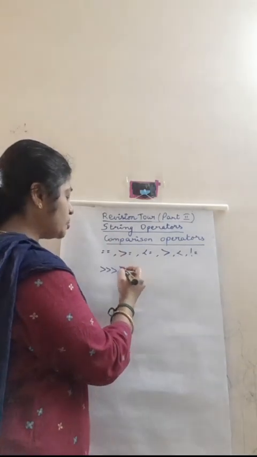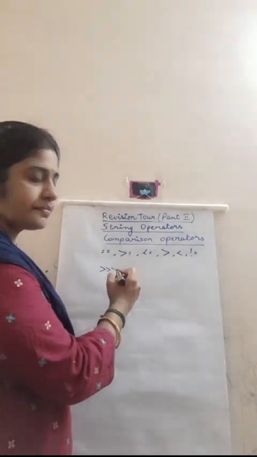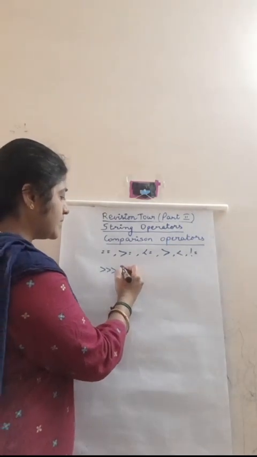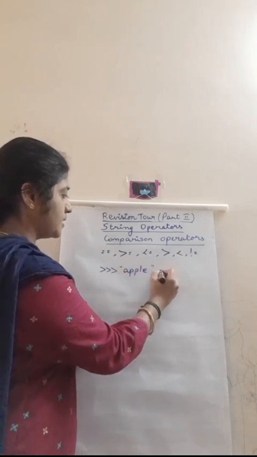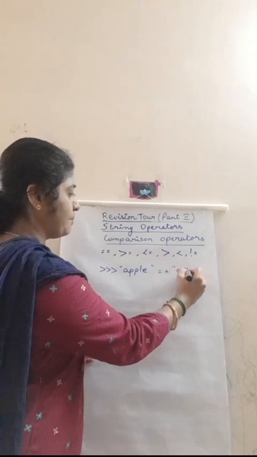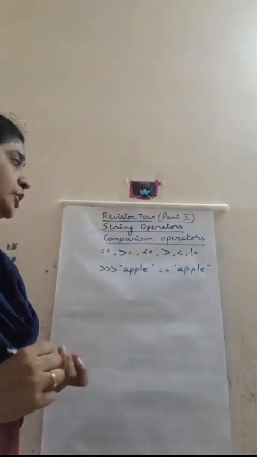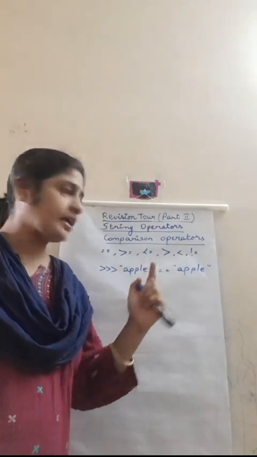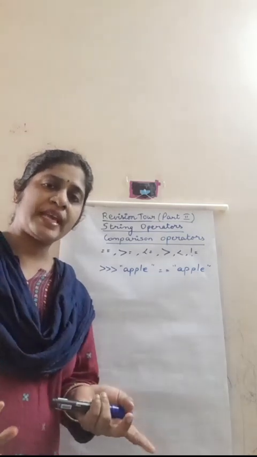Now there I am going to compare two strings. Suppose I write apple is equal to apple. I am comparing two strings, apple double equal to apple. Now what would be the answer?